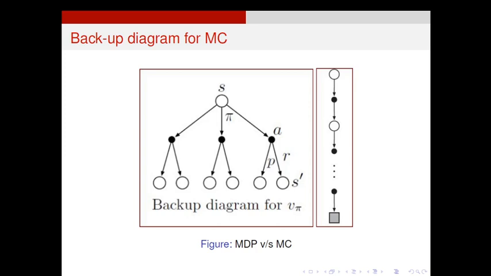To remember Monte Carlo learning and MDP in a simple way, you just remember this result. You need not recollect all the mathematical equations to compare MDP and MC. MDP means Markov decision process and MC means the Monte Carlo learning algorithm.